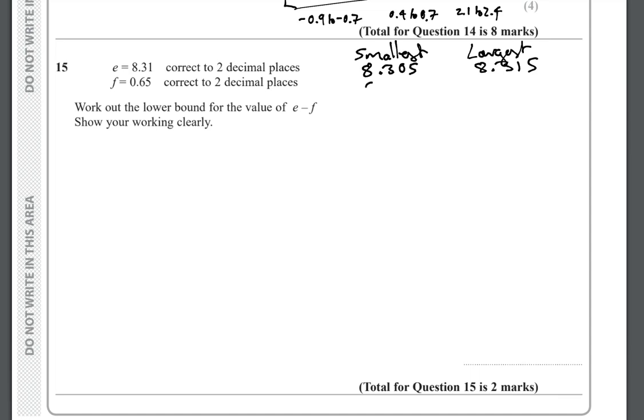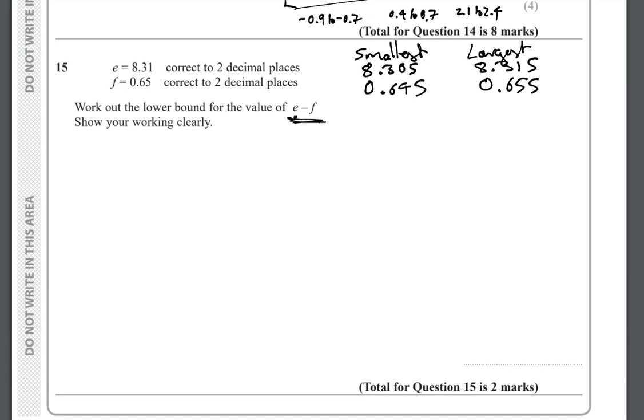Let's do the same with this one. The smallest it can be is 0.645, and the largest it can be is 0.655. We then want the lower bound for E minus F, so we want the lowest it can be. So we want the smallest E, because that's positive, and then we take away the biggest number.